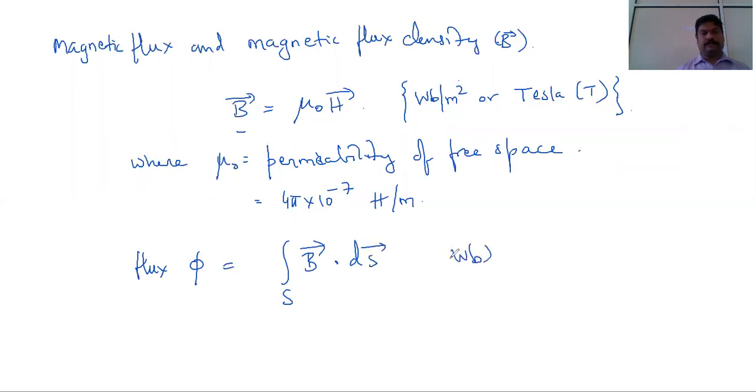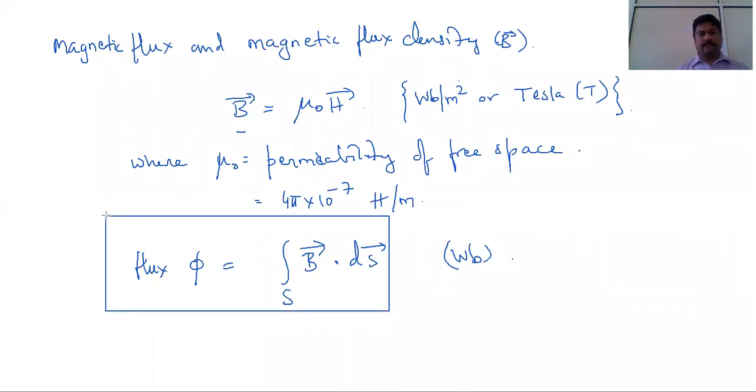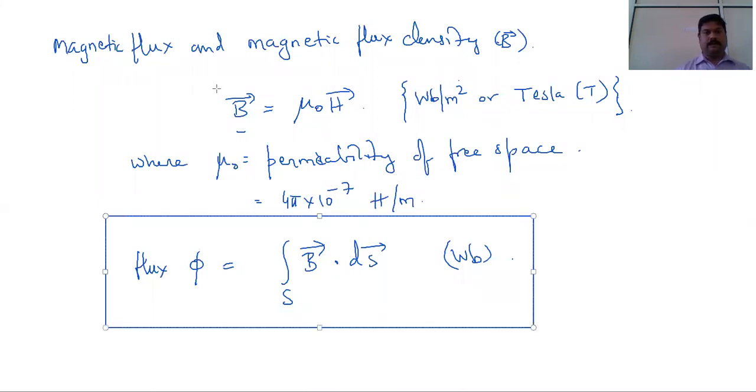These many Webers. Okay, so the flux phi equals the surface integral of B dot ds. Very important equations, which are these two.